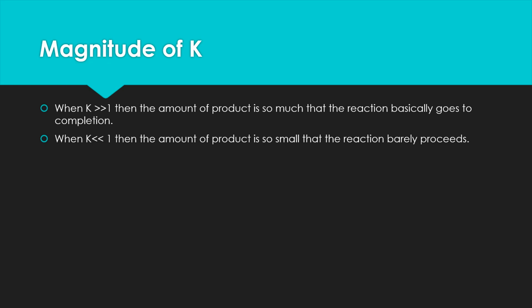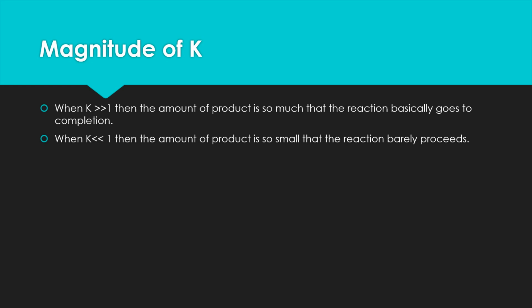The last thing to look at with the magnitude or size of our equilibrium constant is when it is much, much greater than 1. Then the amount of product is so much that the reaction basically goes to completion. If our K value has a really large value, a lot of these are in scientific notation, so that would be a really high positive exponent.